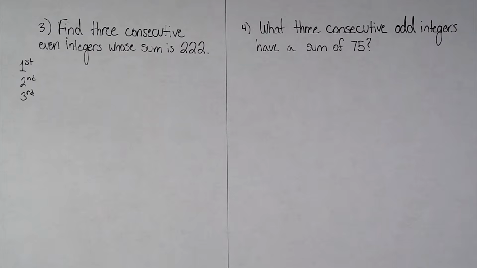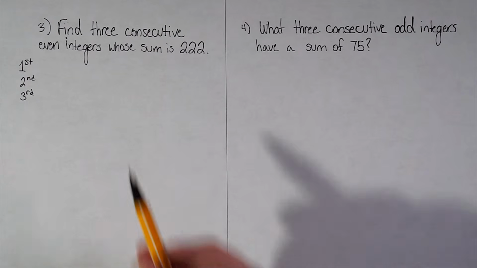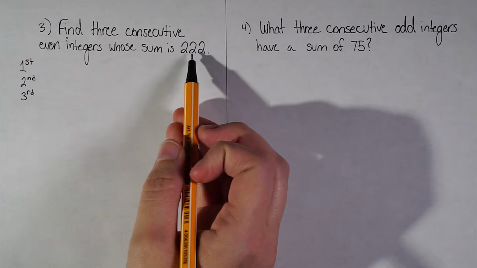So this time, our numbers will be in consecutive order, but it's only going to count the even. So it might be 2, 4, 6, 8, 10. Those are consecutive even integers. So we have got to be a little more careful with how we set up our equation here. And again, I see that their sum is 222.